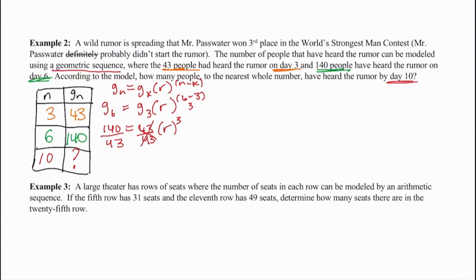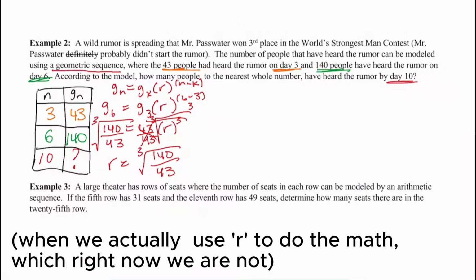And then we can see here, this equals to this. So we can cube root each side. That takes away the cube. So r is equal to the cube root of 140 over 43. And we don't know that. We can put that into the calculator later in the next one.